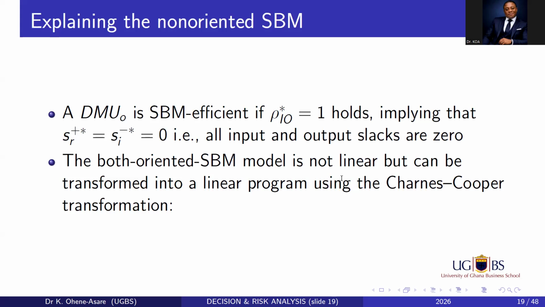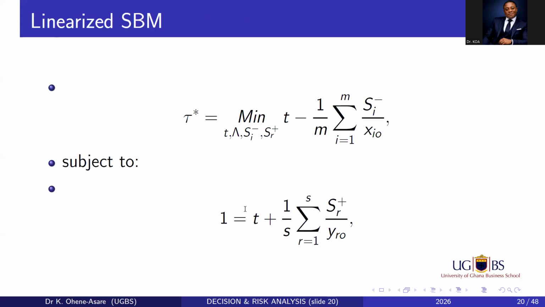The objective function is a ratio. One way you can remove the fractional programming is by linear programming. I'm not going to show you, but you should check the book on how you can linearize it. That is just the way you write it. And this is a way of linearizing.